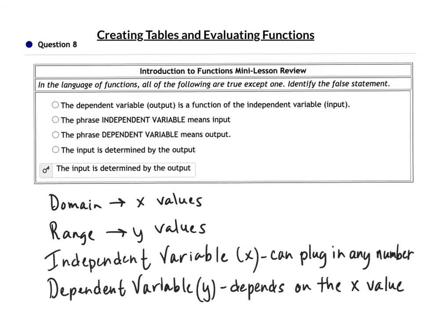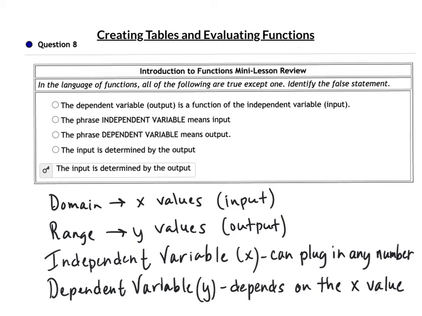The independent variable, that's X, means you can plug in any number you want for X. The dependent variable, that's Y, it depends on what X value is plugged in. Y depends on the X you plug in. Domain is the input, the numbers you put in the equation, and range is the output, the numbers you get out of the equation. So let's read the question.